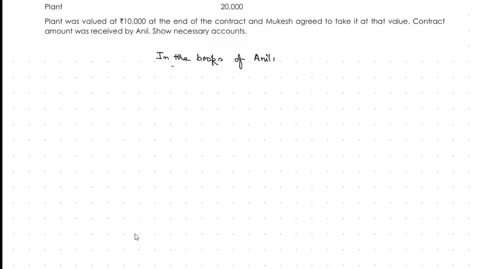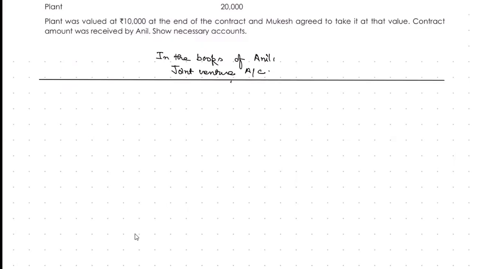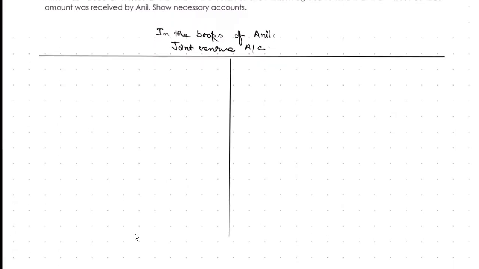The first account will be joint venture account. I'll just draw a T shape. And in the same book, there will be a co-venturer Mukesh account.